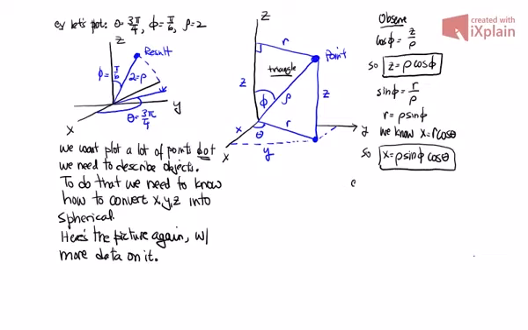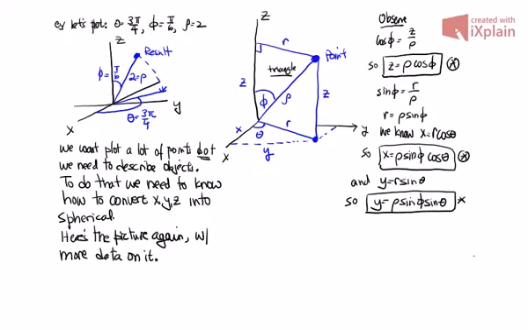And similarly, we know that y is r sine theta. So this tells us that y is rho sine phi sine theta. So these are our basic conversion things. This is z up here. This is x. This is y.